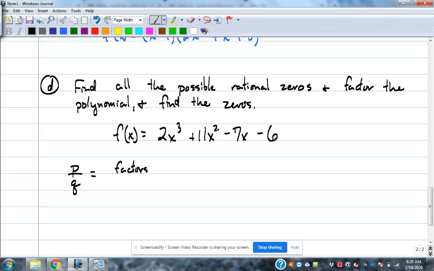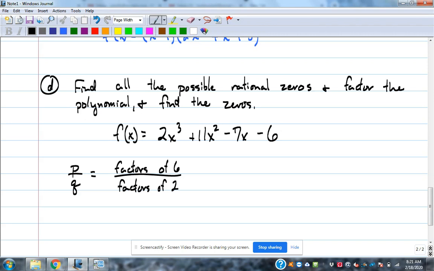Yeah, it should have been squared. I said it and didn't write it in. Factors of 6, factors of 2. All right, so possible rational zeros, you take the factors of the constant term and the factors of the leading coefficient, and you're going to create all of these different possible rational zeros. That doesn't mean they all are zeros of the polynomial, but they're the ones that it could be.